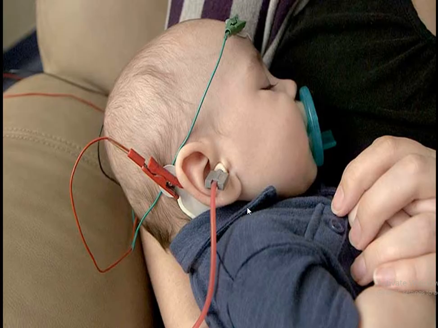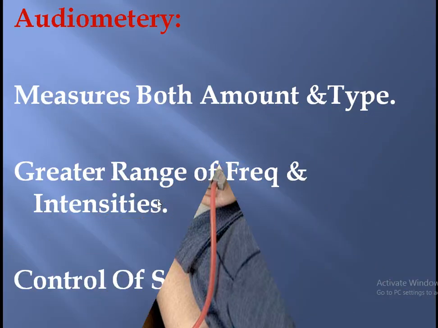You can see this one. This is the band which is tied over the head, and different sounds are given to the ear of the newborn, and the response is plotted over the graph.